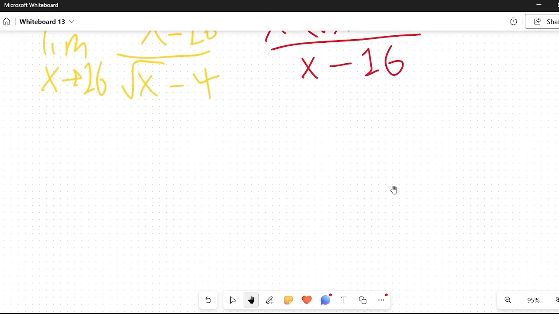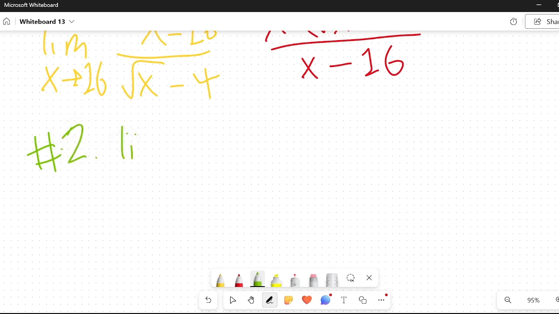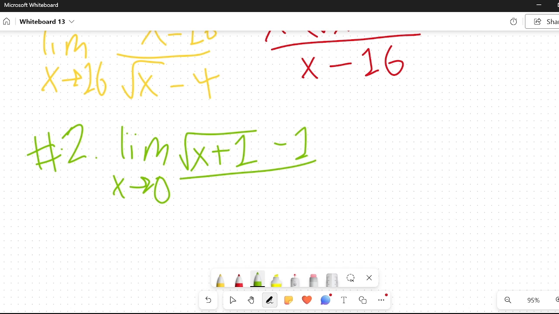Let's try one practice. We'll try a practice problem with this. Let's say that we're trying to evaluate the limit as x approaches 0 of something like that.